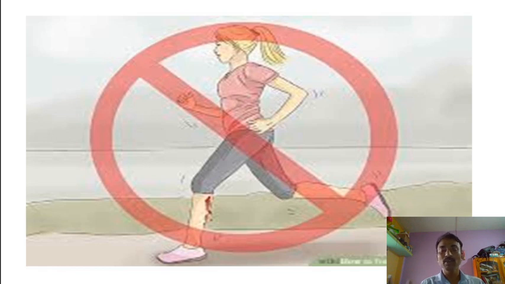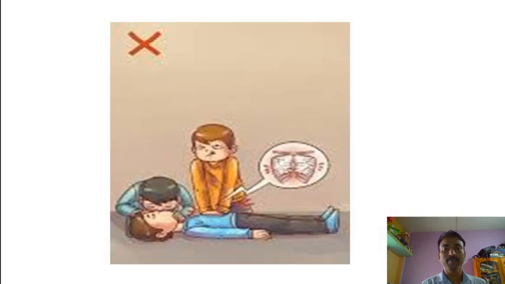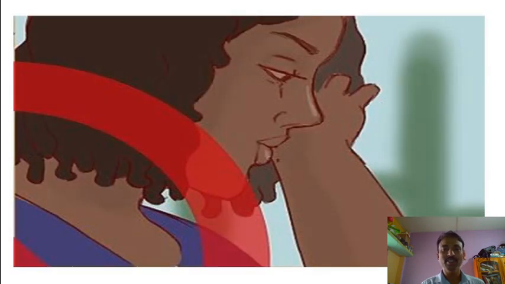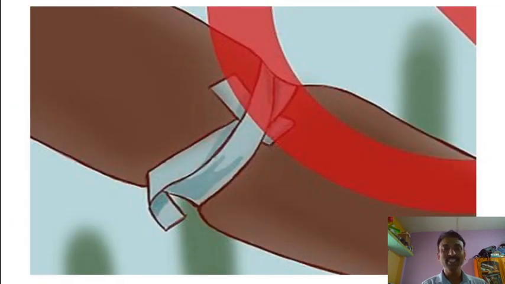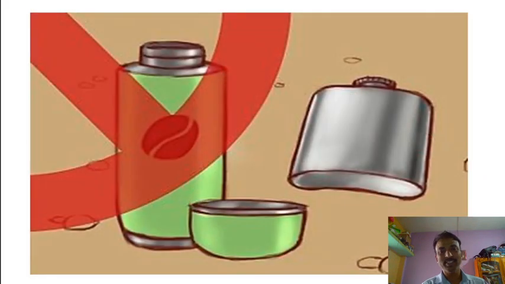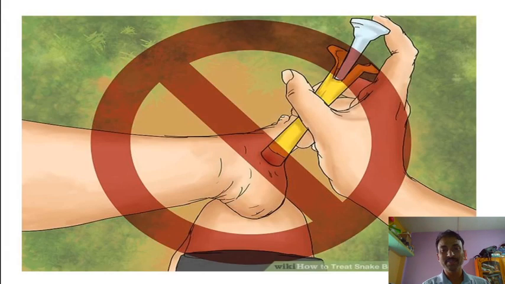That's why we have to minimize our metabolic activity. Don't give CPR. Don't fear, don't worry about the snake bite. Don't tie tightly at the region of the snake bite, or take any energetic drinks.